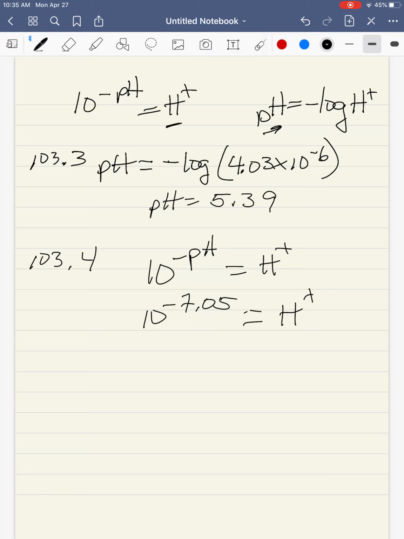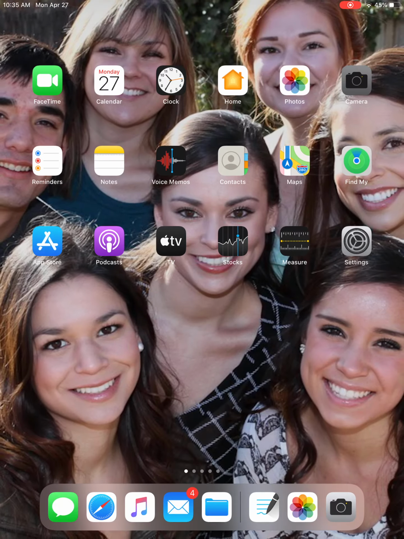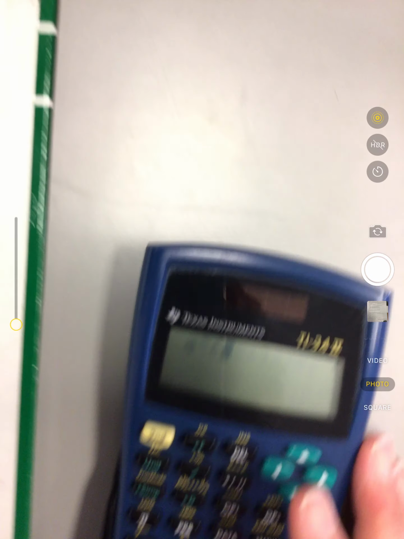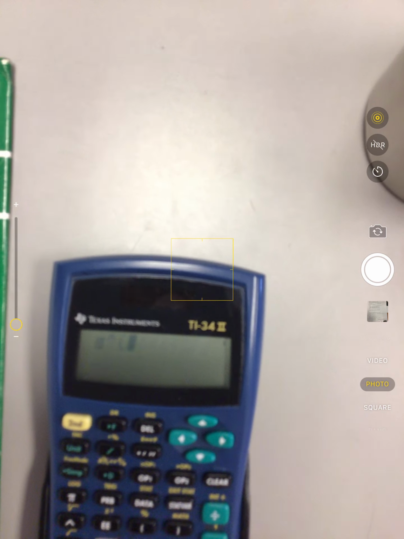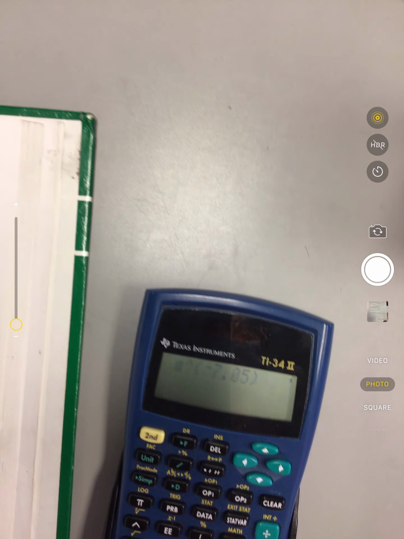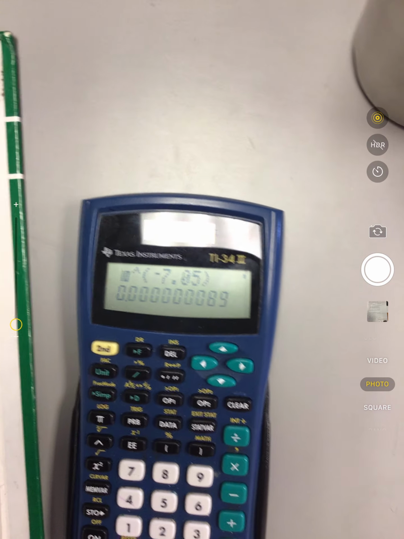So we'll put the 10 raised to the power. That's what your calculator should show you, inverse log. And then we'll put in the exponent, which is negative 7.05. Don't forget to put the negative.